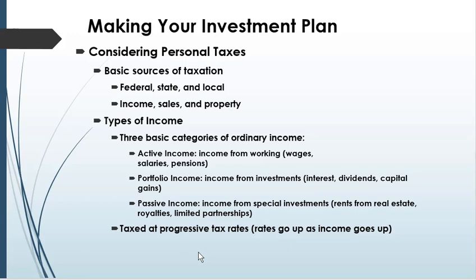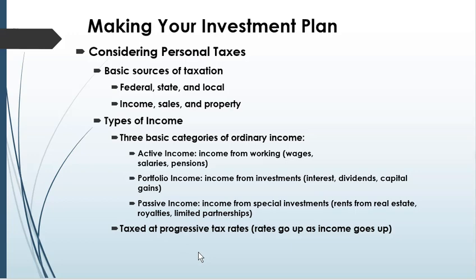This comes from working: wages, salaries, pensions, maybe your business. Portfolio income is what comes from investments. So we're talking about interest, dividends, capital gains. And then passive income comes from special kinds of investments. These are things like rents.